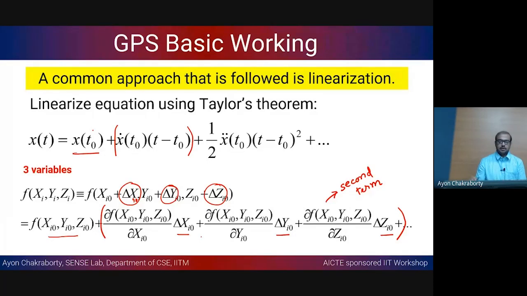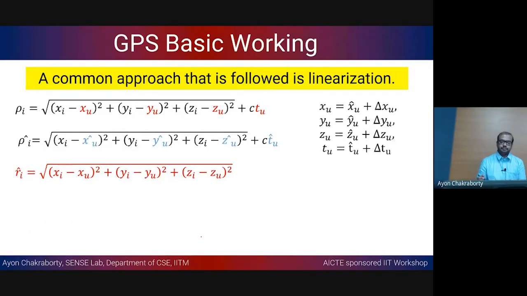We are now more prepared to actually expand our equation, so let us see how it looks. Just recollect what we had in the very beginning: we had the current range estimate, we have the previous range estimate, and we have the true value of the range. This Ri cap is basically the true value of the range.